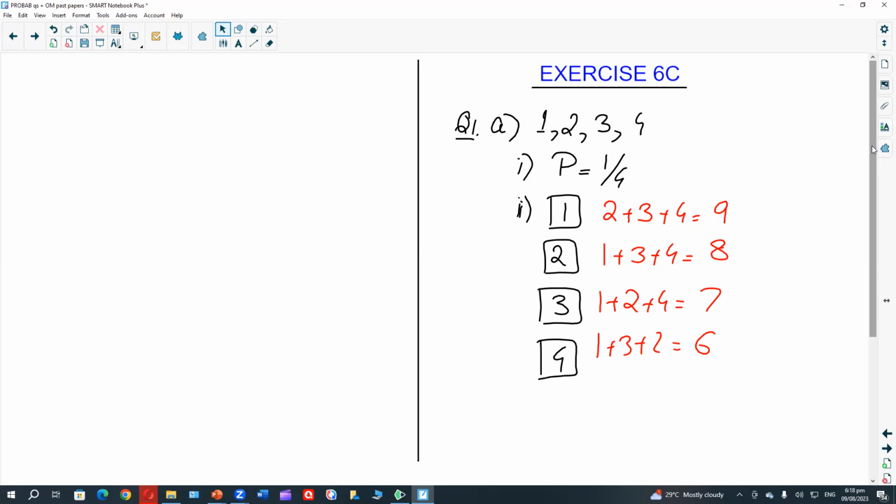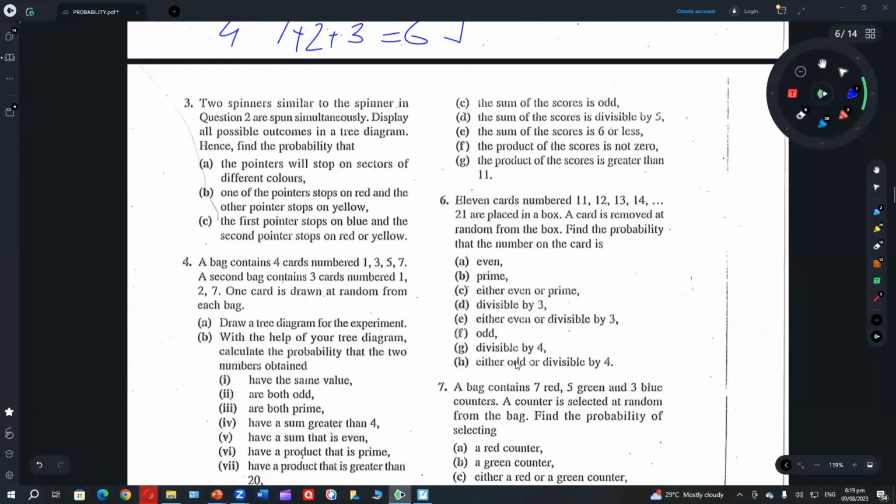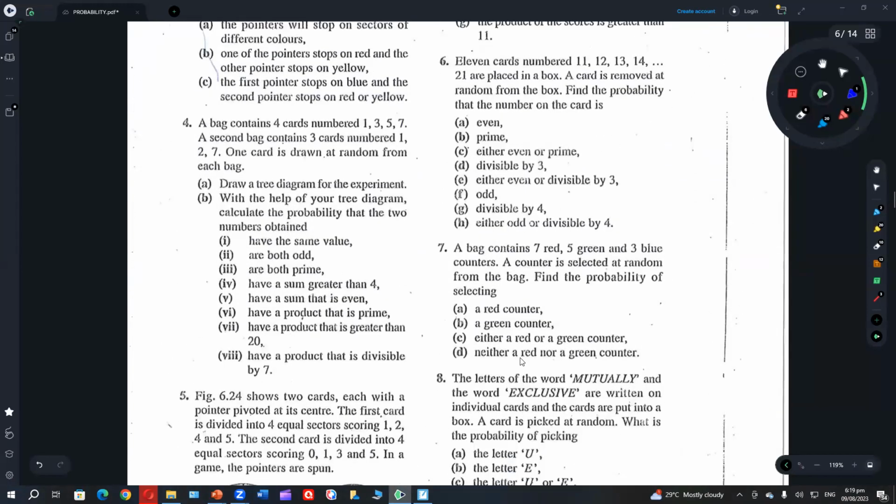Sir, I copied. Good. Now see question number 4. Sir, I read it. Should I solve it?